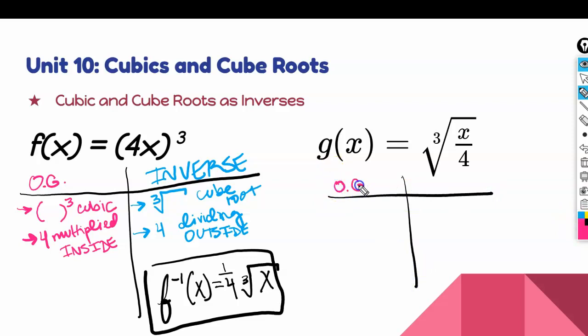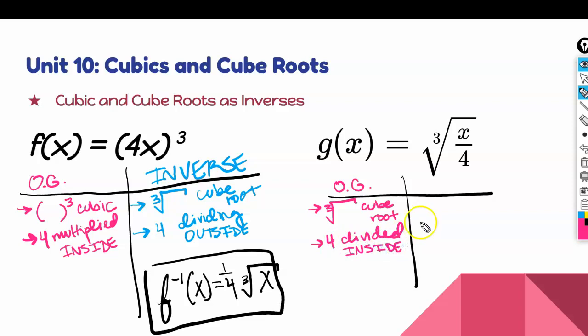My original has a cube root. Cube root. Oh, my bad. A 4 dividing inside.